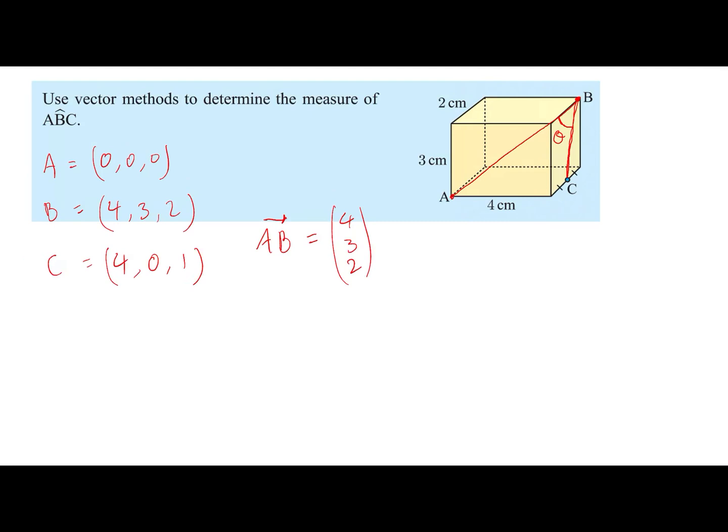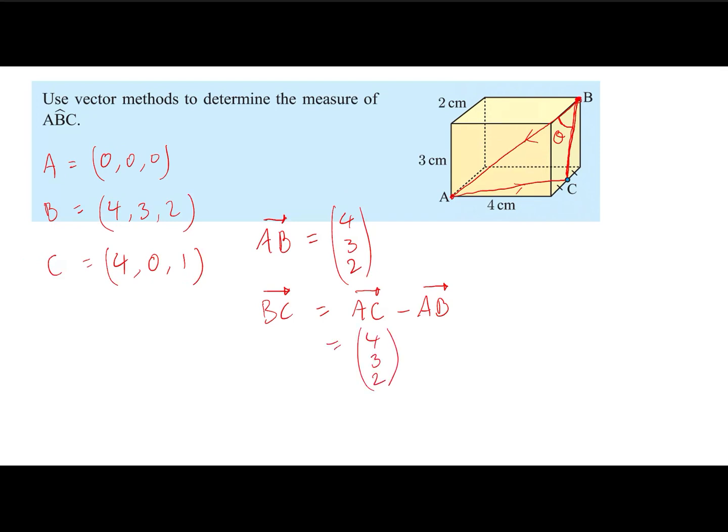Essentially, because I've made A the origin, I've turned AB into a position vector. And I can also find out what BC is. BC is going to be AC minus AB, because to go from B to C, I go the wrong direction along AB, and then go along the vector AC.